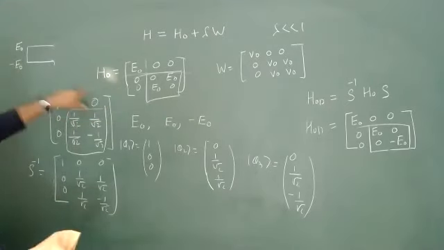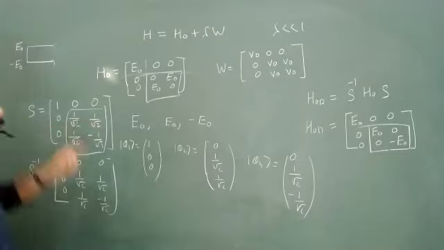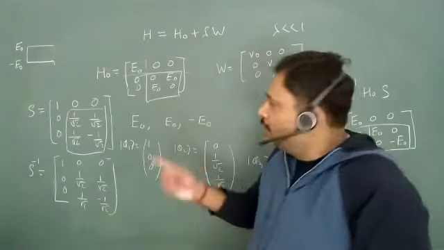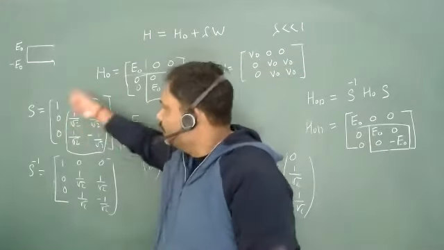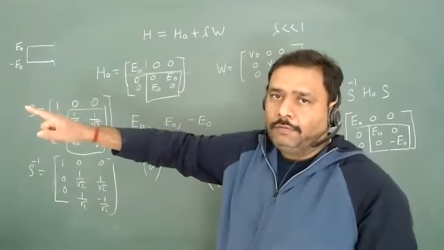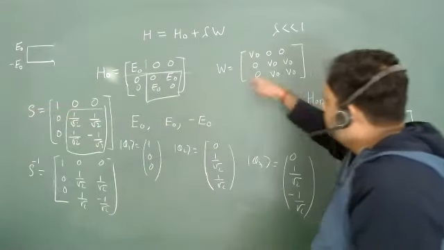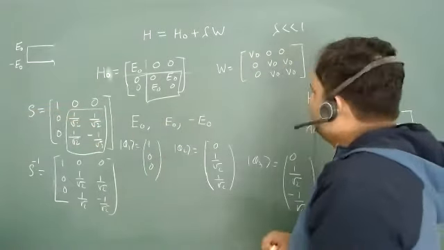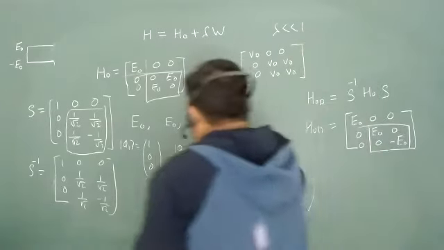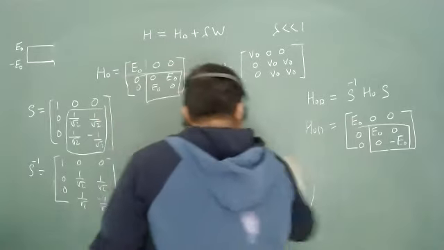H naught is diagonalized in this basis, so we cannot change the basis, because once I have fixed this particular space, everything is fixed right now. So now we will just go and write W dash. So let us go to writing the W dash.